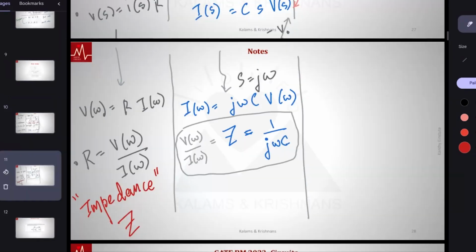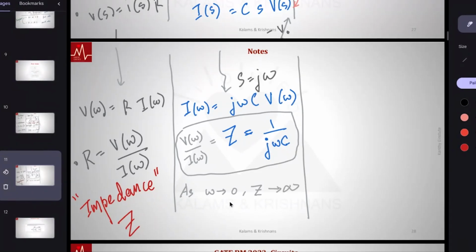Just one more thing. Here, resistance is a constant. It doesn't depend on frequency, but this depends on frequency. Notice, in fact, let me write this in gray. As omega tends to 0, Z tends to infinity.